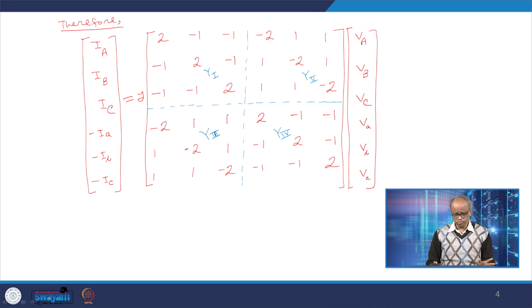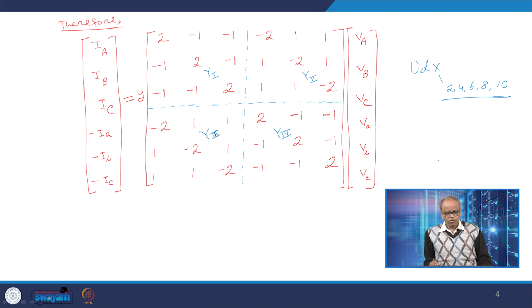By the same method, we can model any Ddx where x is 2, 4, 6, 8, 10. For obvious reasons I am not doing it, you please carry on, because it should be pretty straightforward now.